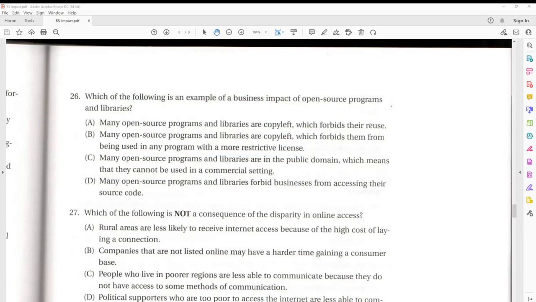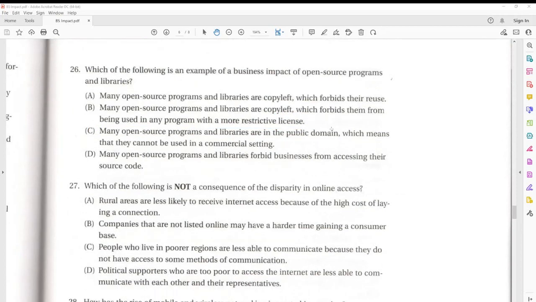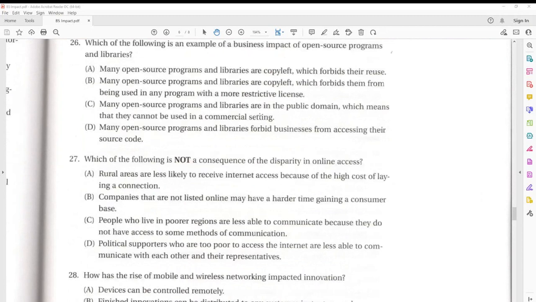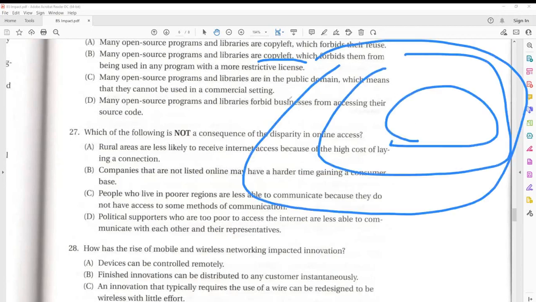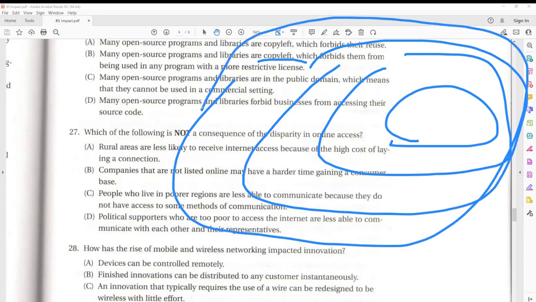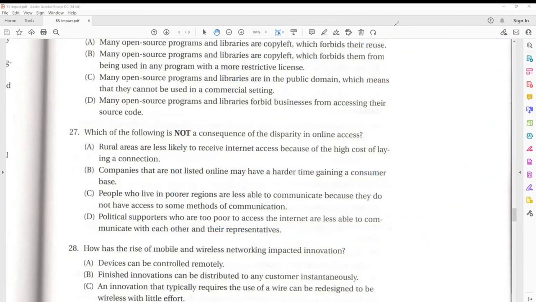When it's open, it's open. You cannot modify it and then say, this is my product, and after that I want to collect money and you cannot use it. No, it is copyleft. That means your copyright keeps adding up. If you use my open source library, you have to be as open as me.